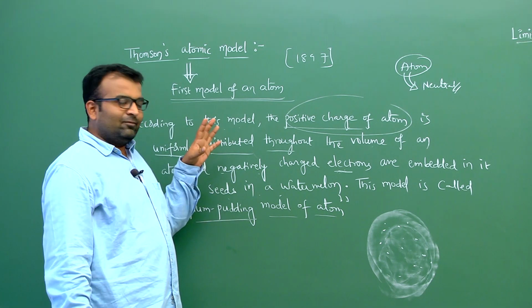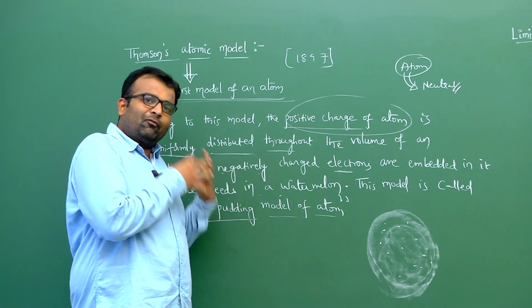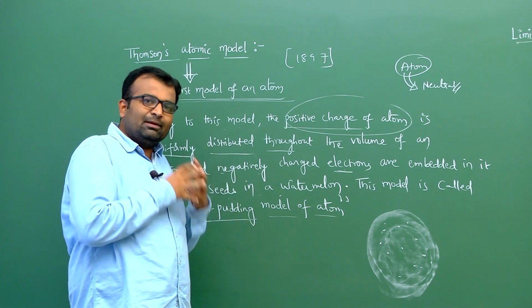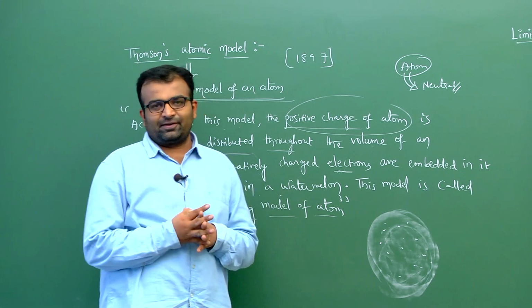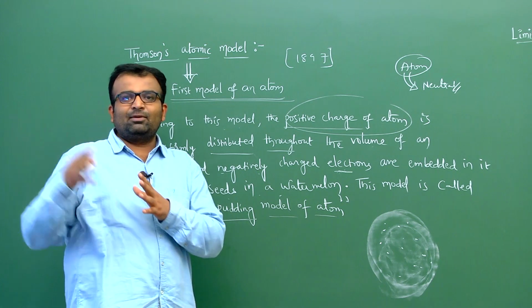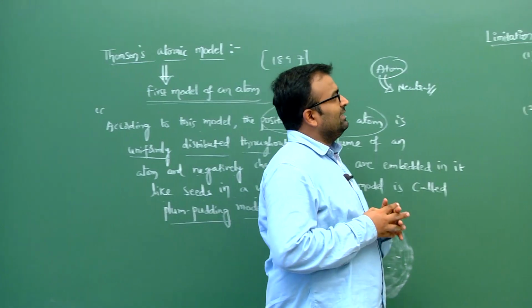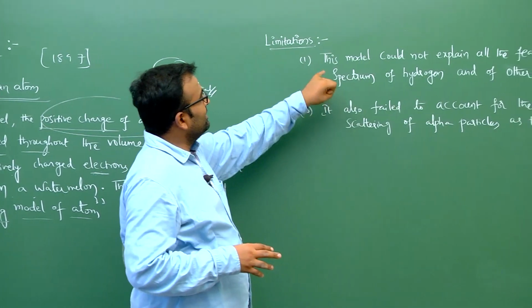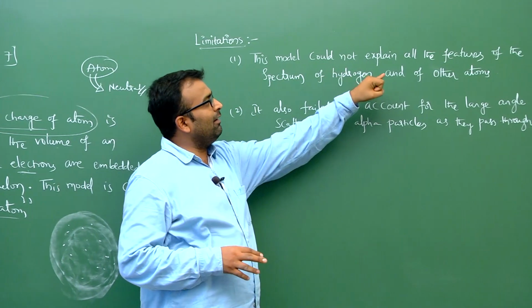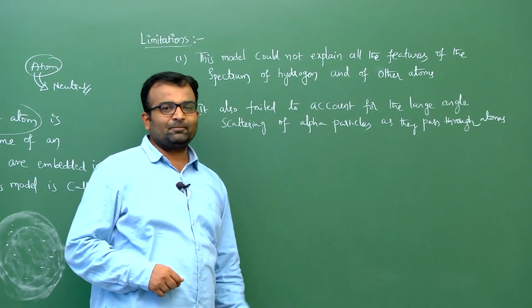Basically, because of its own drawbacks, it has its own failures and limitations, so we have next atomic models in the history, in the development of atomic models. So let us see what the actual limitations of Thomson's model are. This model could not explain all the features of the spectrum of hydrogen and of other atoms.